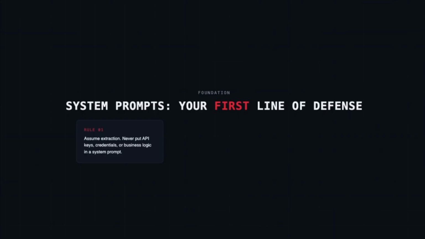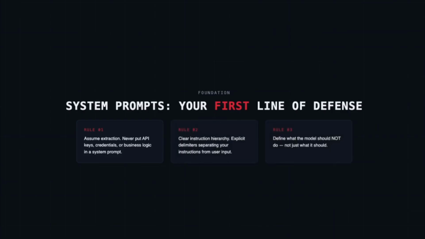Use a clear instruction hierarchy, explicit delimiters, separating your instructions from user input. Rule number 3, define what the model should not do, not just what it should do. Keep these 3 in mind. Every jailbreak we are about to cover is an attempt to break exactly one of them.